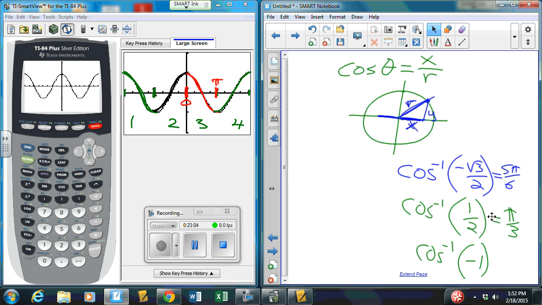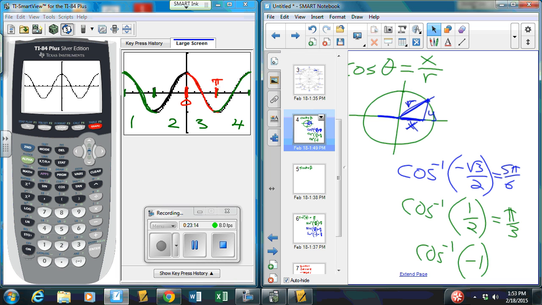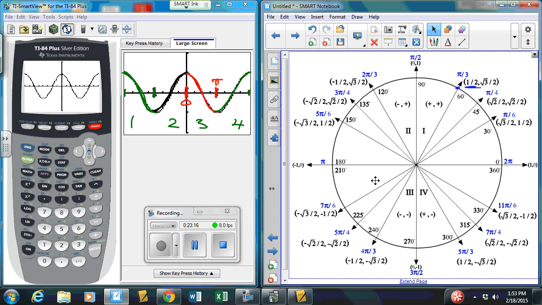Cosine inverse of 0. Wow. You got to raise your hand. Cosine inverse of 0. Pi over 2. Everybody got that? Yeah.